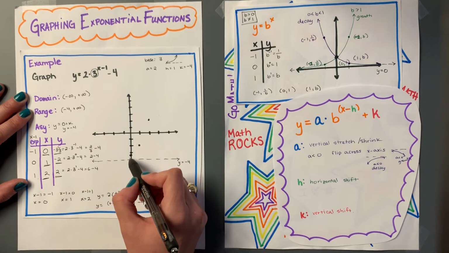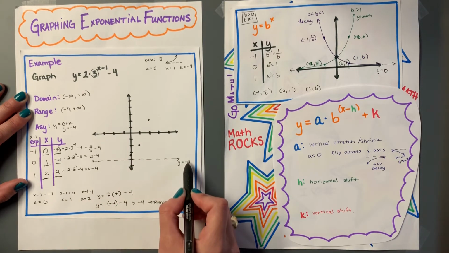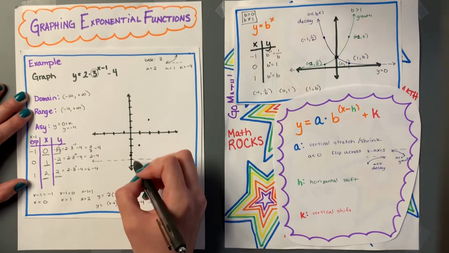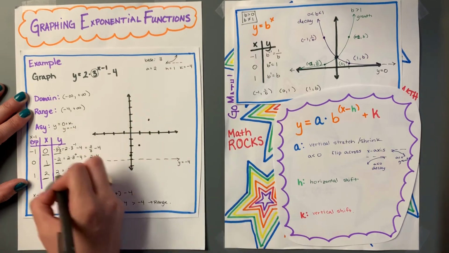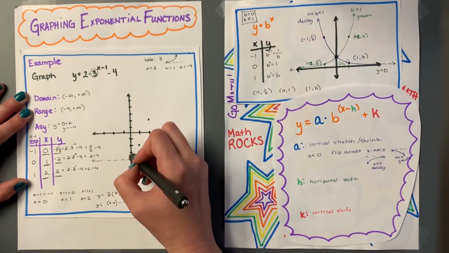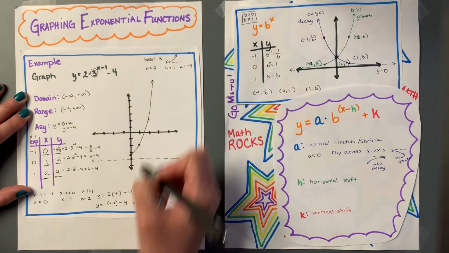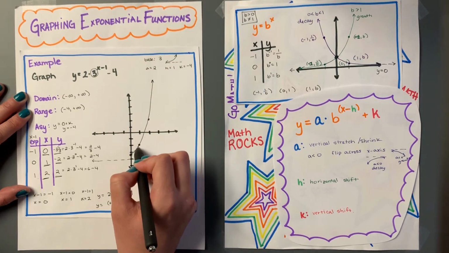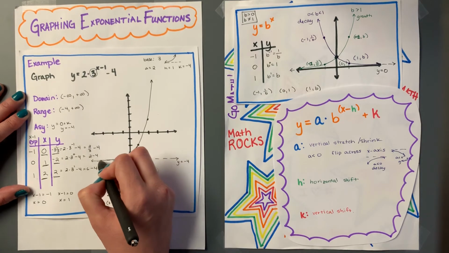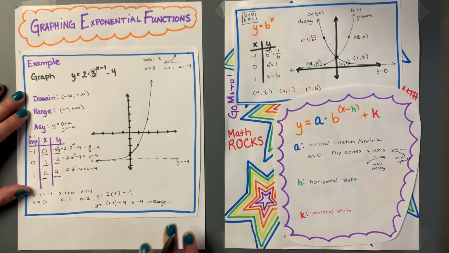And when I graph this, you see I've got the asymptote here and I have 3 points. I'm not going to connect them as a line. I'm going to connect them and go up like that as a curve, and then I'm going to follow them down and approach but not cross that asymptote.